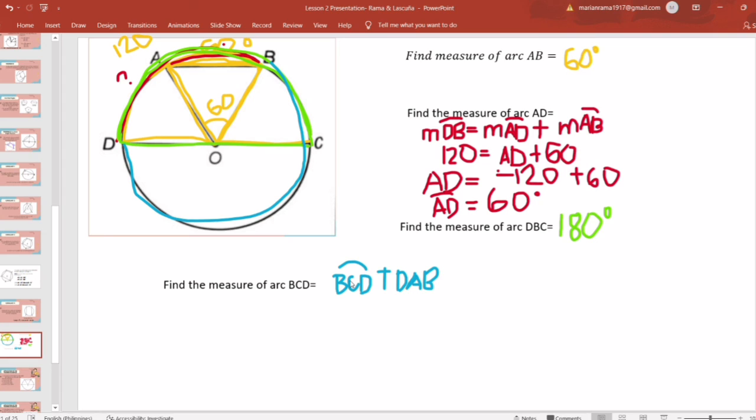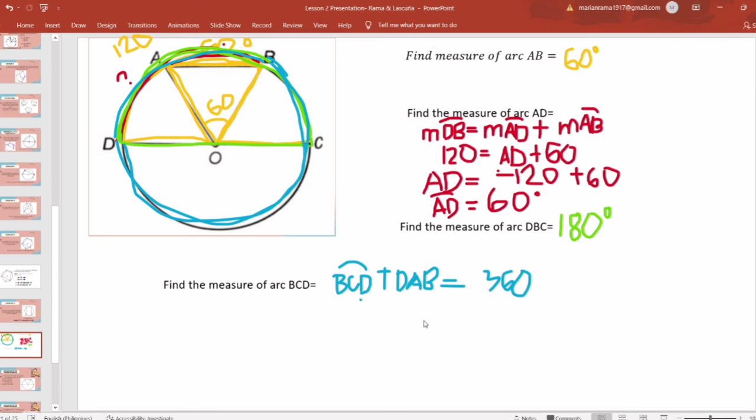We know that our whole circle is 360, so these two arcs will equal 360, as you can see in the figure.